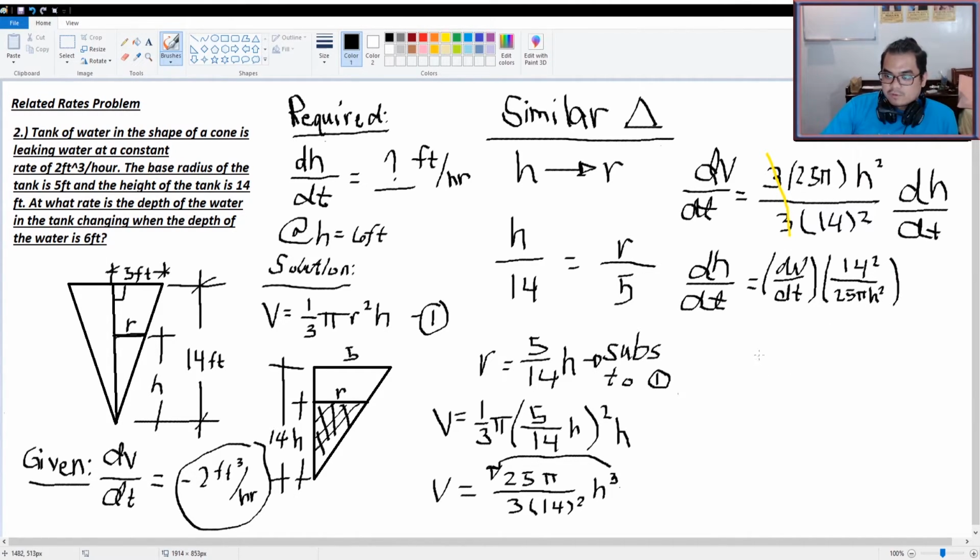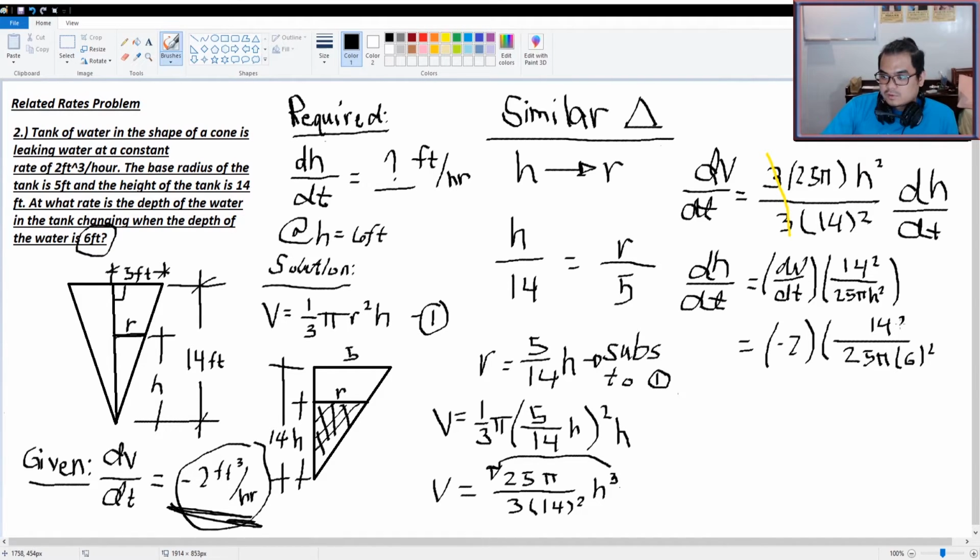Then substitute the values. Of course, dV over dt you already have a value for, that is negative 2. So negative 2 times 14 squared over 25 pi times h squared. We already have a given height that is 6, so this must be 6 squared.